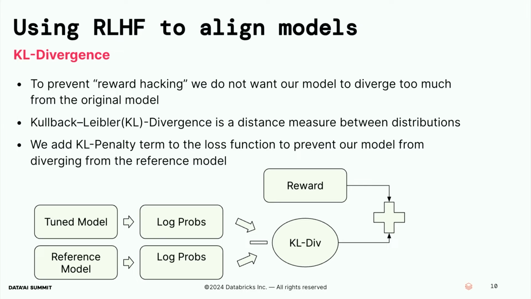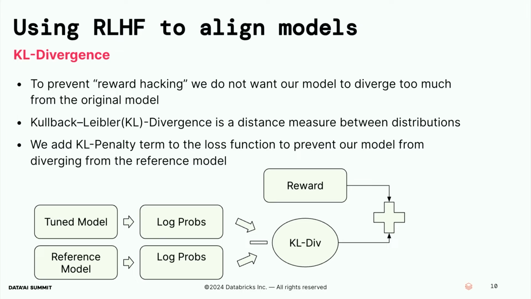To overcome that, we want to have two models. We will have one model which we are going to tune, and we will have another model which we will call a reference one. It's going to be our vanilla model, to which we are not applying gradient updates, so it's not changed. Next, we generate the text with both models; both will answer the question, and after that we get two probability distributions.